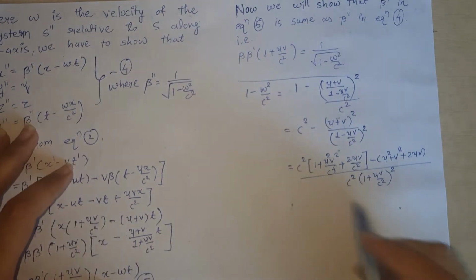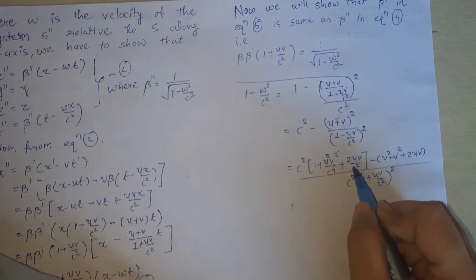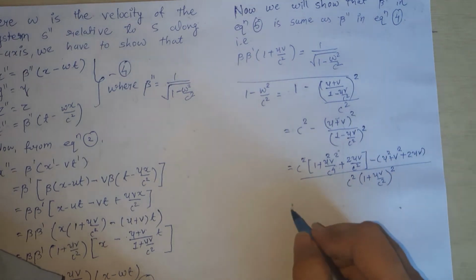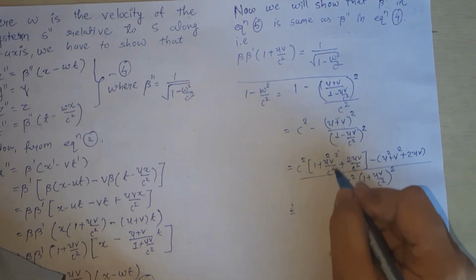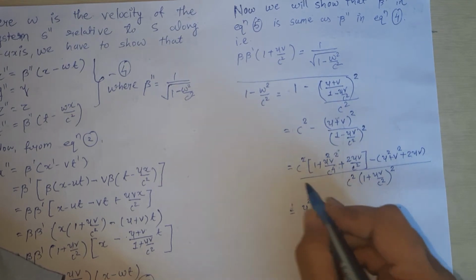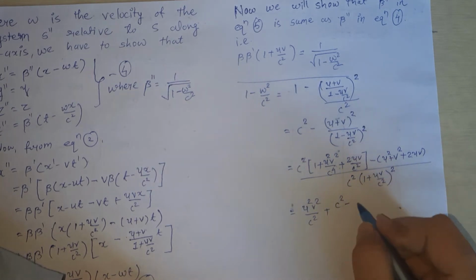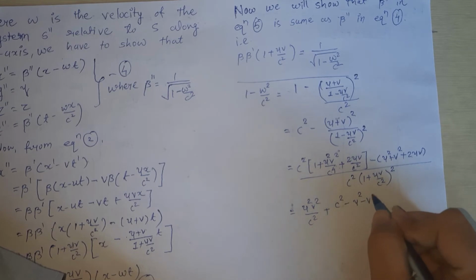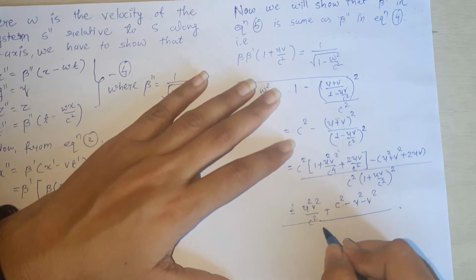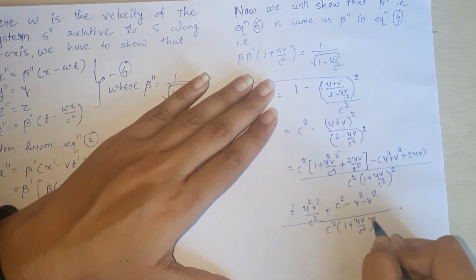And simplifying these steps, we will get c square get cancelled, so we get plus 2uv, which is cancelled by this minus 2uv, and what we left with is u square v square upon c square plus c square, this is multiplied with this, so we get c square, and the minus will minus u square minus v square, and it is divided by c square into 1 plus uv upon c square whole square.